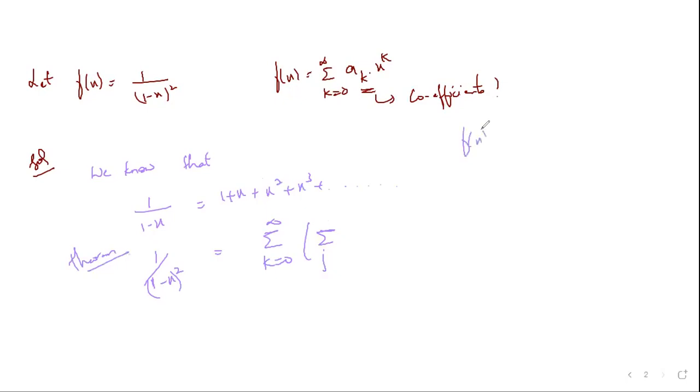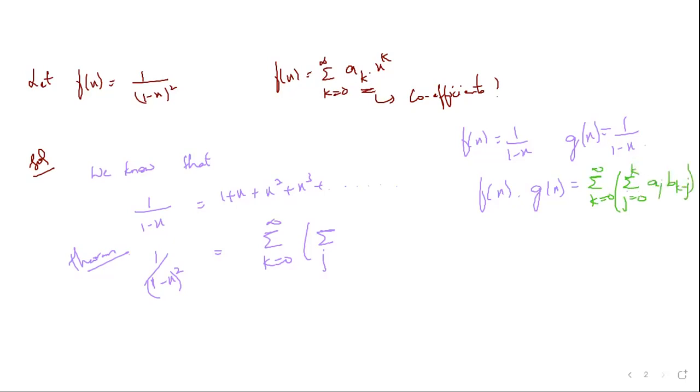If we take f of x as 1 by 1 minus x, g of x also as 1 by 1 minus x, then f of x into g of x will be given as summation k is equal to 0 to infinity, summation j is equal to 0 to k, a j b k minus j into x power k. So this can be written as summation k is equal to 0 to infinity, summation j is equal to 0 to k.